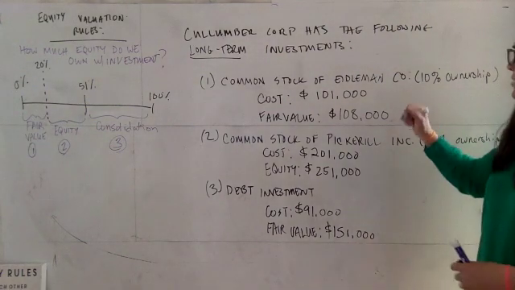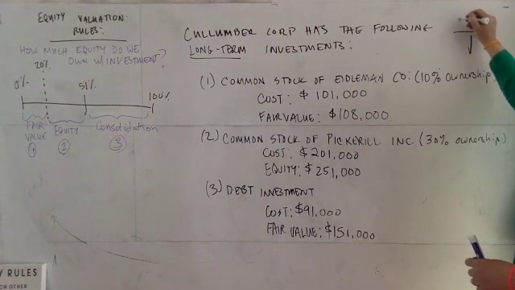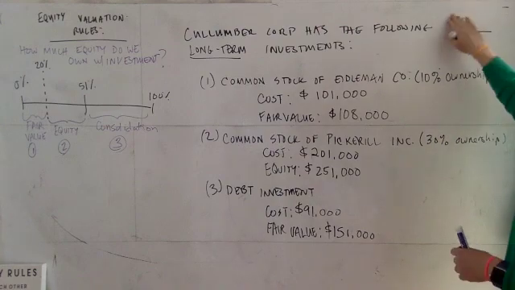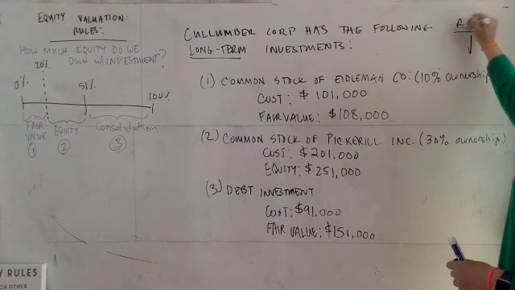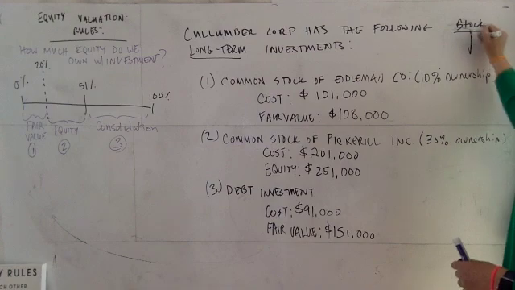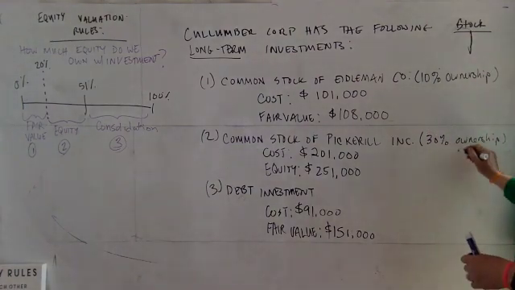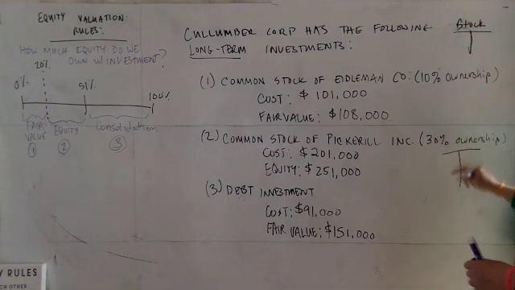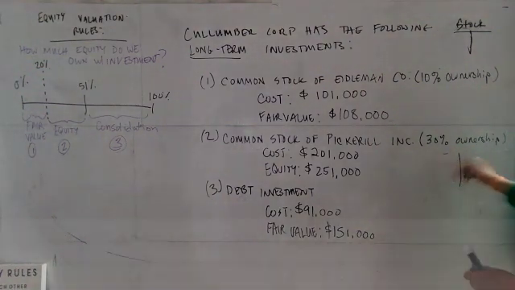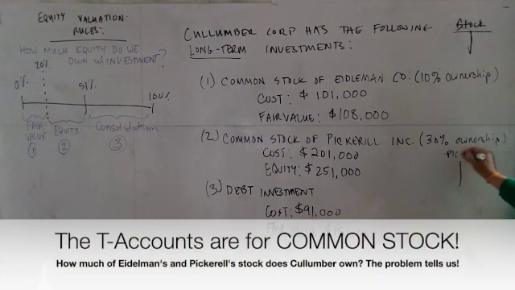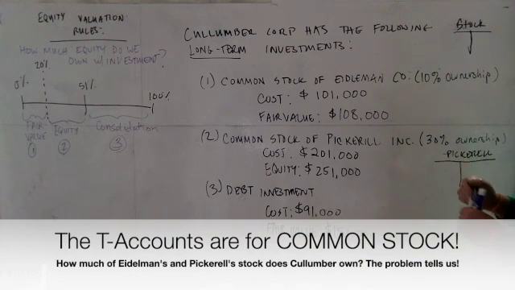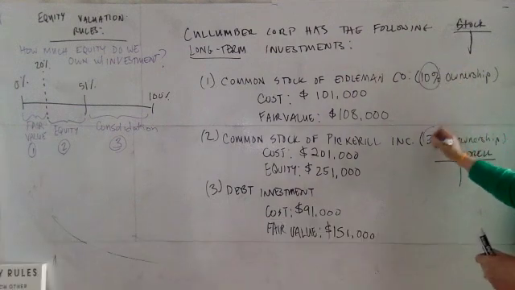Now, let's do a quick little equity, and actually let me do capital here, just to keep it simple. I'll just do common stock for Idleman, and then common stock for Pickerel. Now, we have to focus in on this fact here, this 10% and 30% ownership.